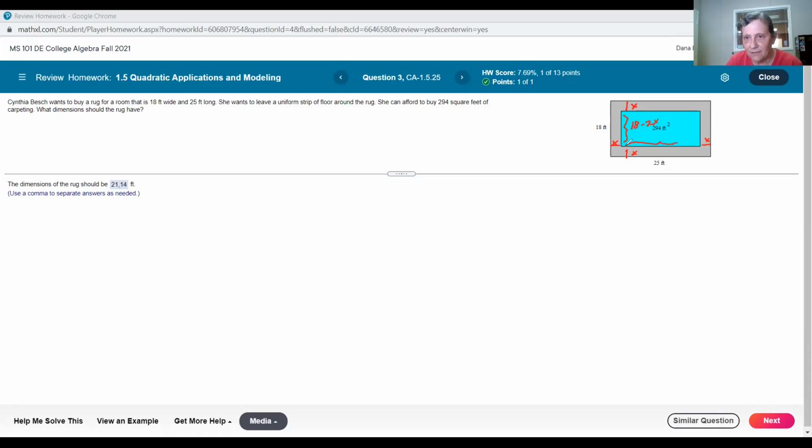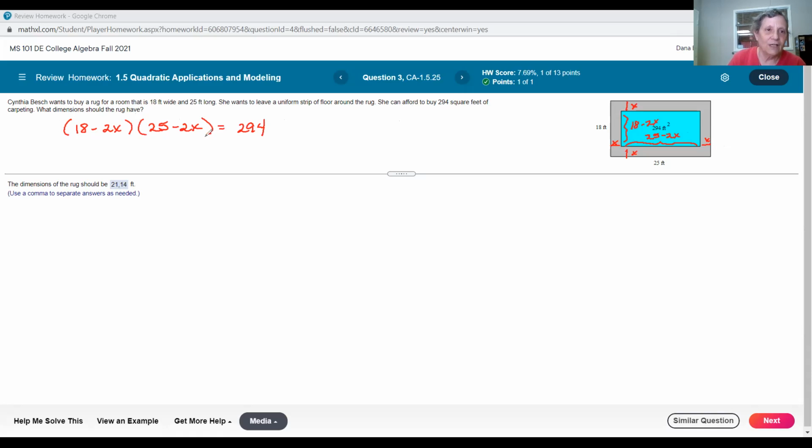So this distance is going to be 25 minus 2x. And the dimensions of the rug will be 18 minus 2x times 25 minus 2x to get the area, length times width. And the area of the rug is going to be 294.